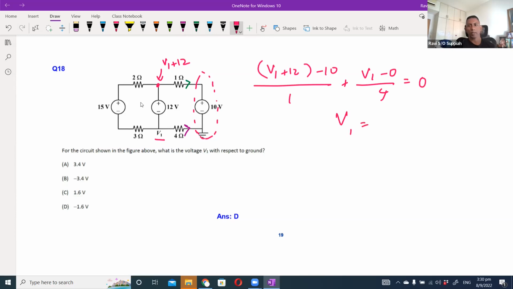From there you can solve to get negative 1.6 volts. So this is one way in which you can use node analysis and put in the voltages to find the unknown V1.